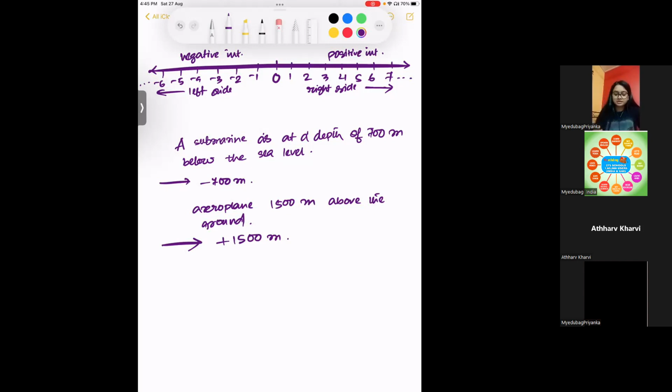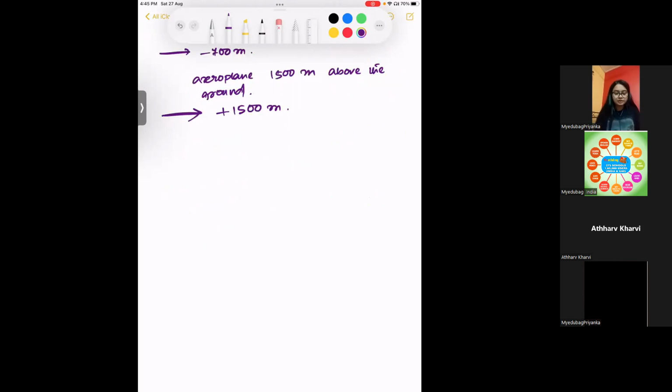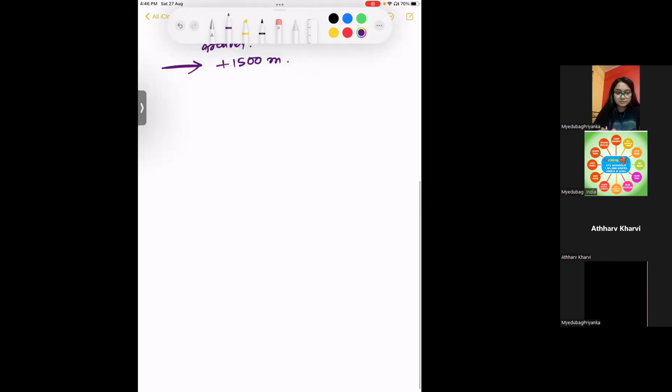Now let me tell you one more thing. We know positive integers, negative integers, and how to represent them on a number line.